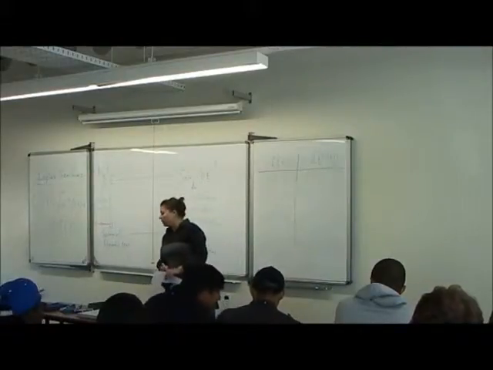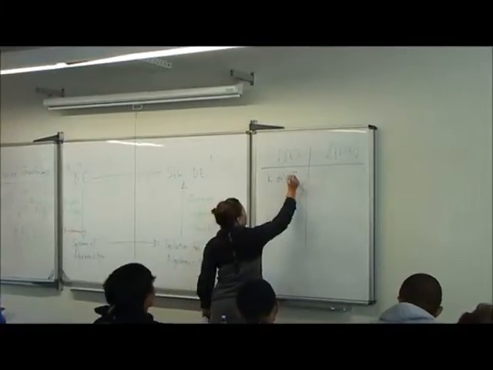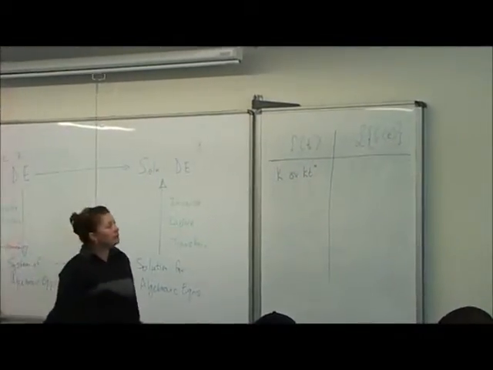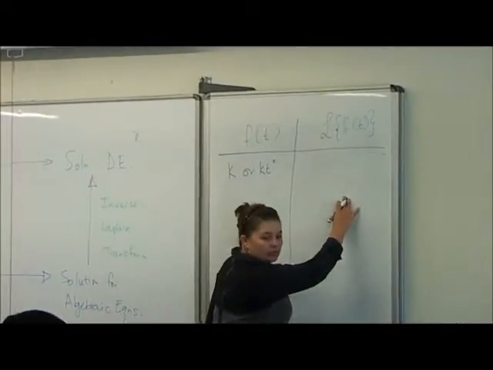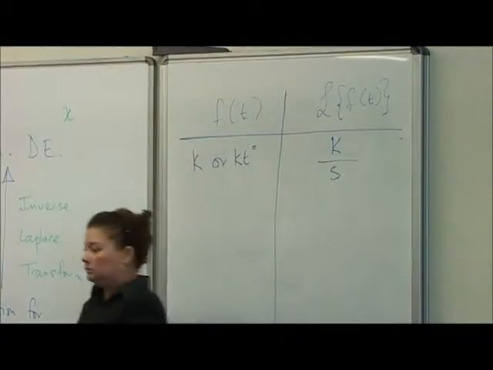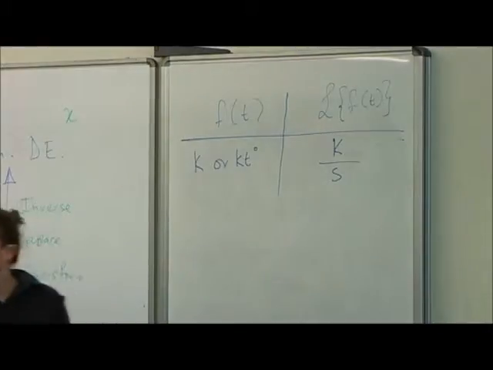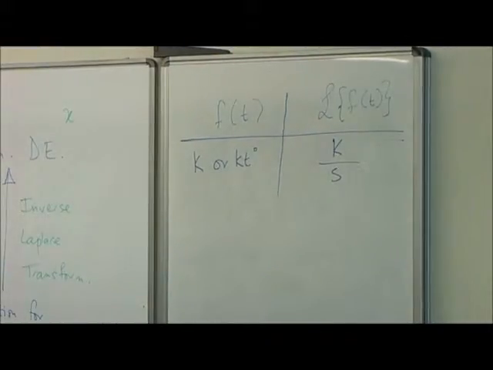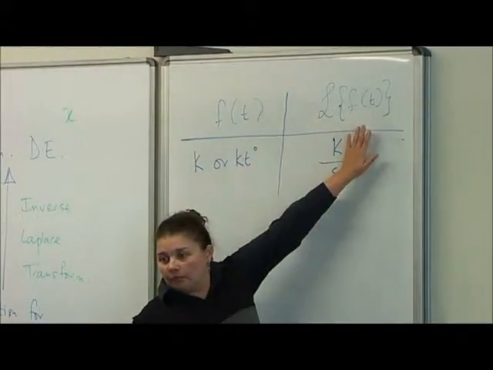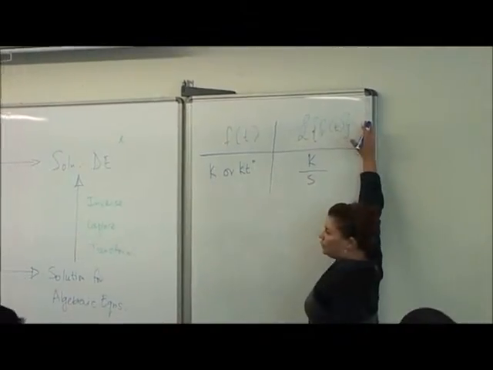If you look at number 1 on there, they tell you k, or k t to the power of n. Then they tell you that the transform of that is going to be k over s. So you are moving from t to the transform. When we do inverses, you're going to move from transform to t.